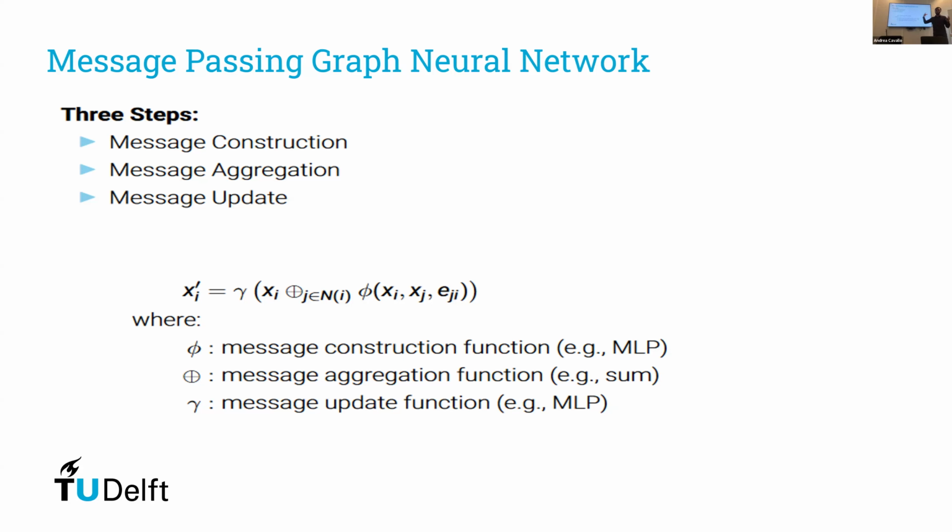You combine the feature vector of a node with the feature vector of the neighboring node, and if you have edge features, you can concatenate all of that and pass it through an MLP to construct a message. Then you aggregate information from all the neighboring nodes, which is what is signified by j there, and then update that message, for example also through an MLP.